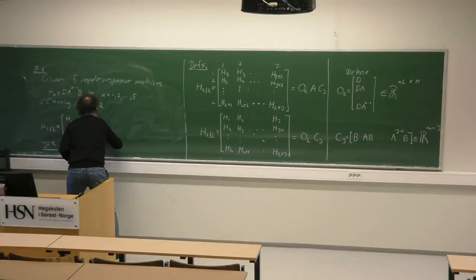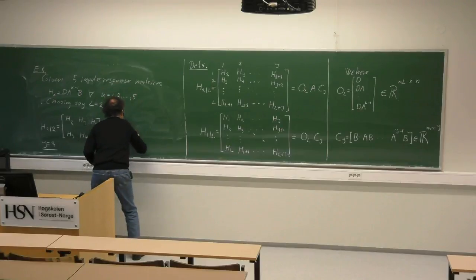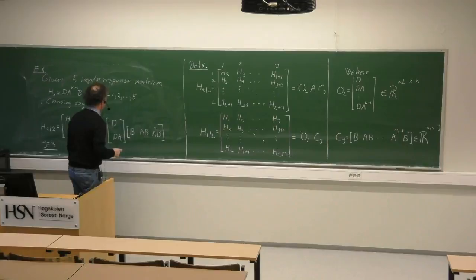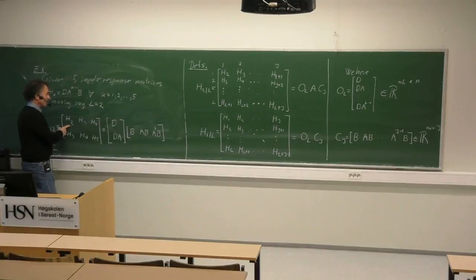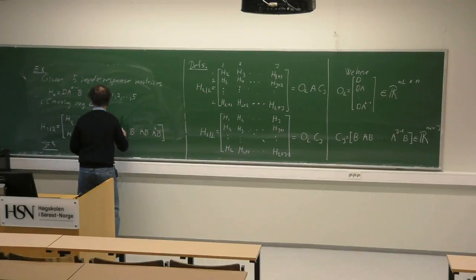And remember that this one can be seen to be equal to D A times B and A B, A squared times B. It is simple to prove this one, because H2 is D A B. Sorry, I did an error here, I should have A in between those two ones.